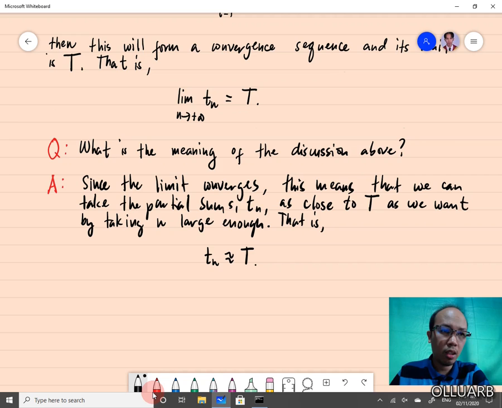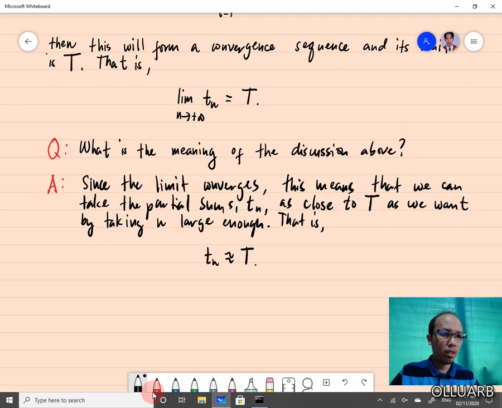And of course, if n becomes larger and larger, big enough, like your n is 1000 or 1 million or 10 million, you will see that the actual sum of the series is close enough to the n partial sum, t sub n.